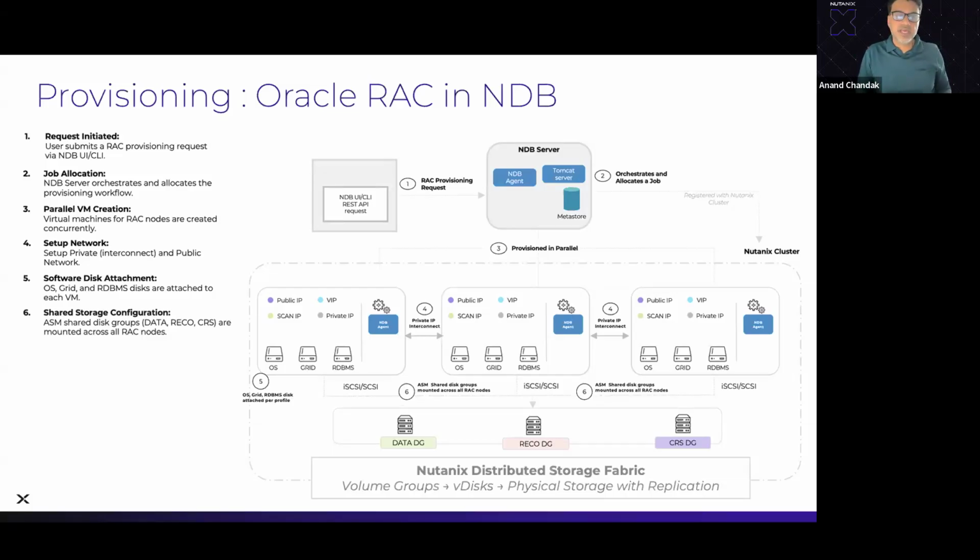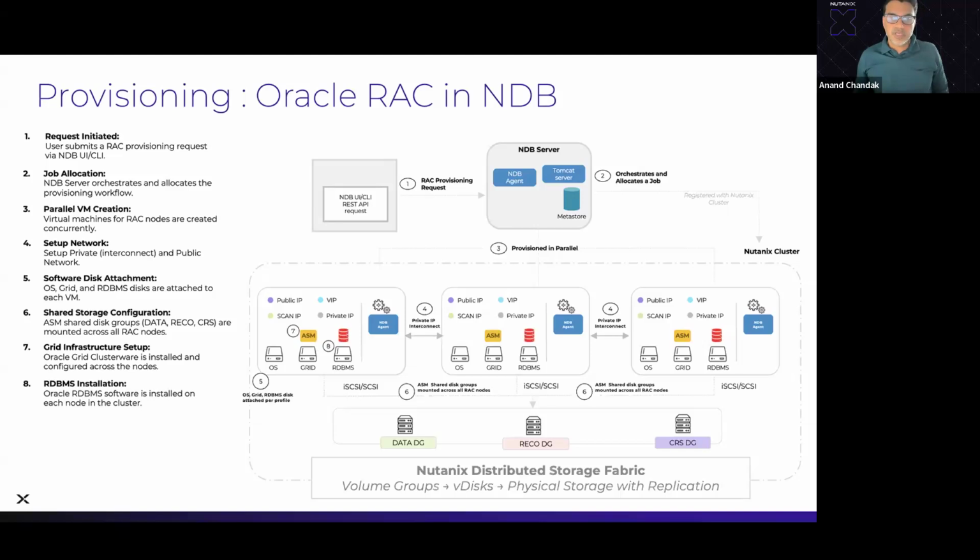Essentially, we are setting up the ASM shared disk groups, the data disk group, the redo disk groups, the CRS disk group. All of these are mounted across all the RAC nodes in parallel. Then we set up the ASM cluster on the Grid disk across the nodes. We set up the RDBMS software on each node in the cluster.